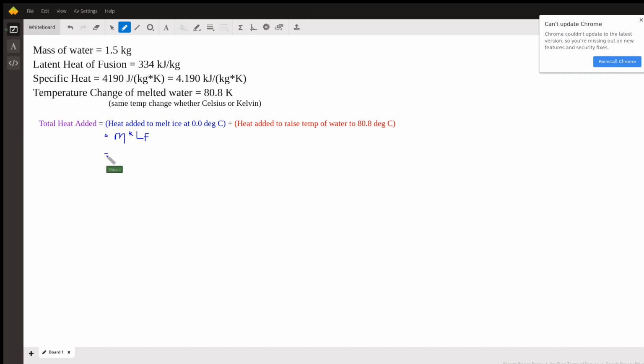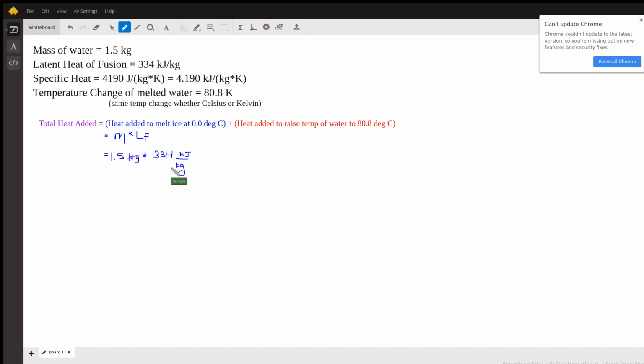And so that would be 1.5 kilograms times 334 kilojoules per kilogram.